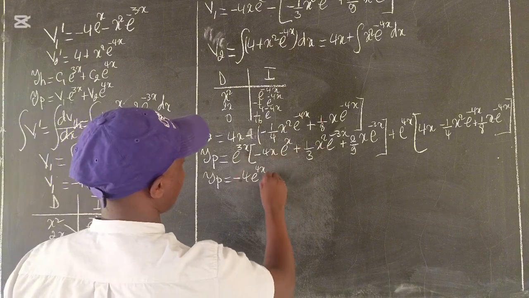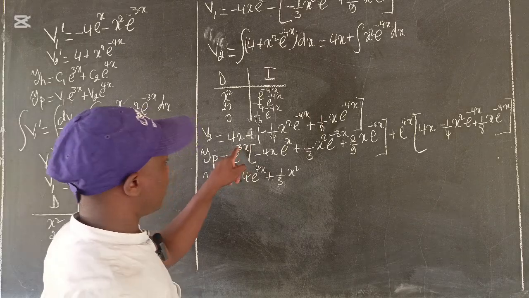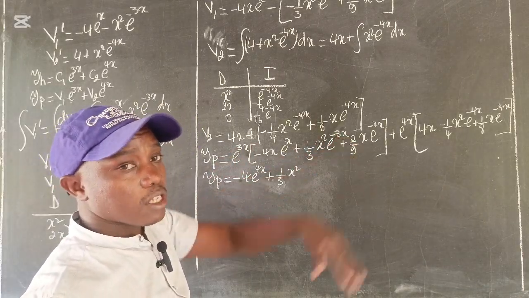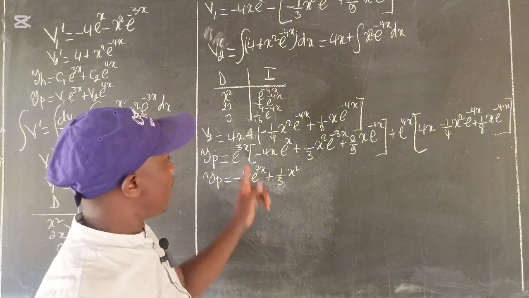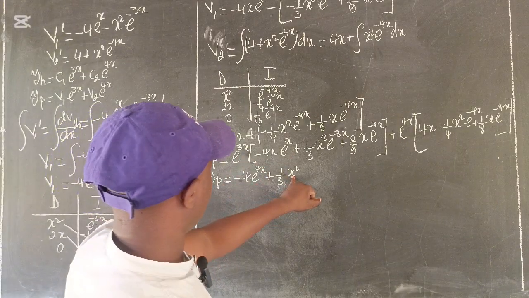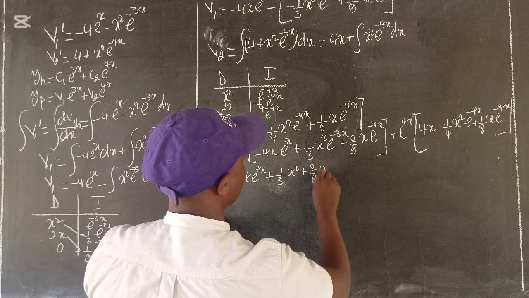This and this we have plus 1 over 3 x square. This power and this are of opposite signs. When we sum them up, we get 0, and the exponential of 0 is 1. That's why we write only x square. And here we write 2 over 9 times x.